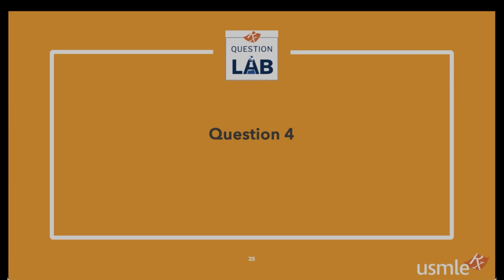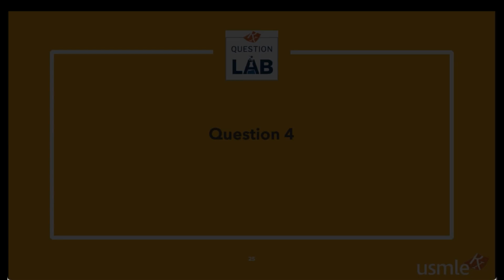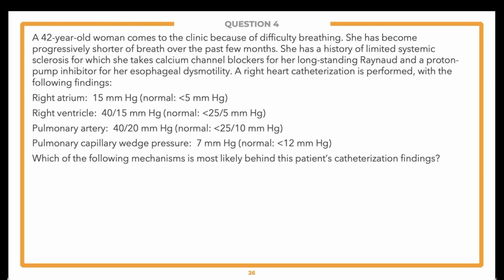And in this case, no images or radiographic findings here, but we do have some other types of findings. So what we're going to do, obviously, we've covered up the answer choices. So let's read the lead-in. Which of the following mechanisms is most likely behind this patient's catheterization findings?